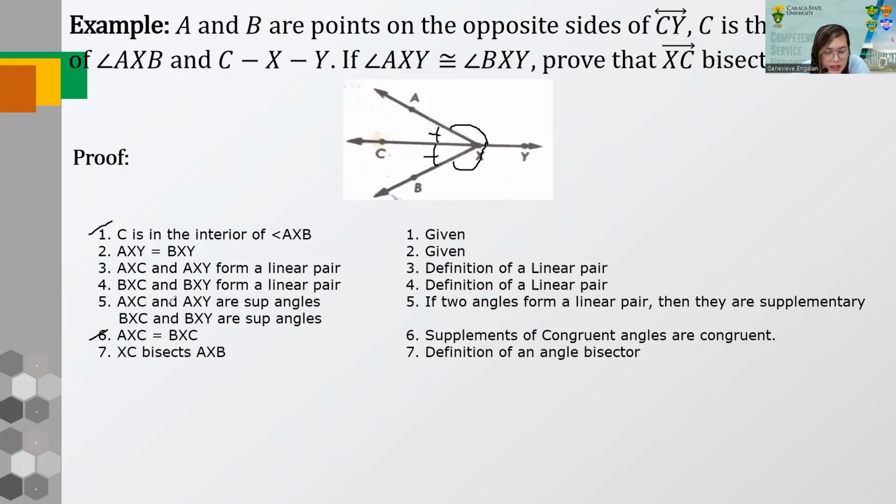So kini measure ani plus measure ani is equal to 180. Nya ako dayong i-join kay equal 180 man tapos congruent man ni. So makancel ning duha. So makaingon din ta nga equal ni.